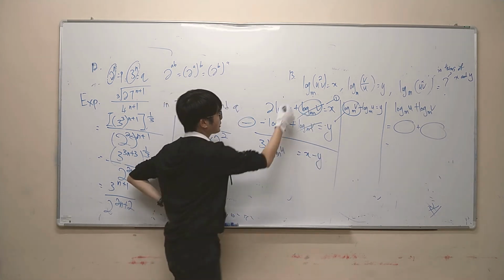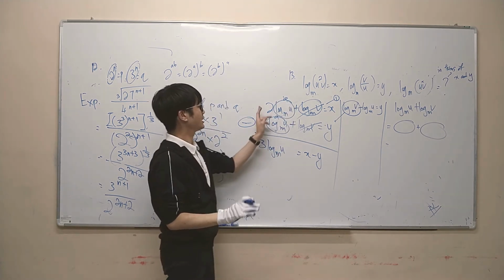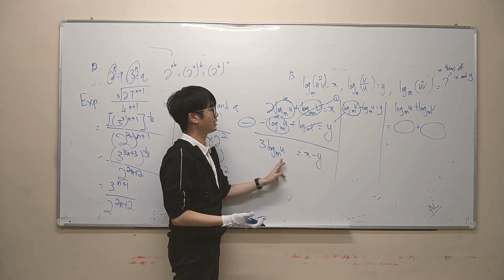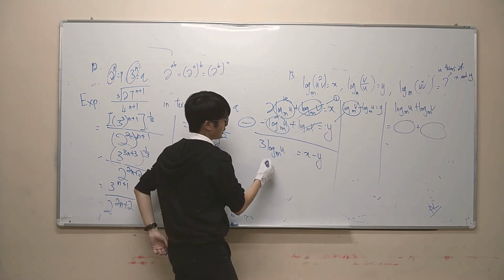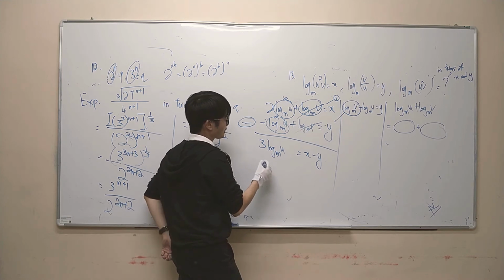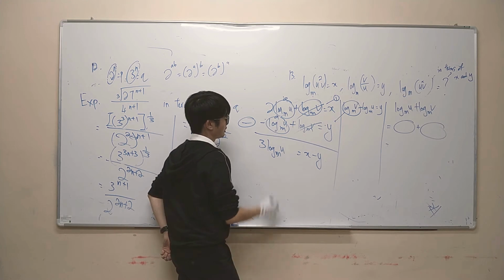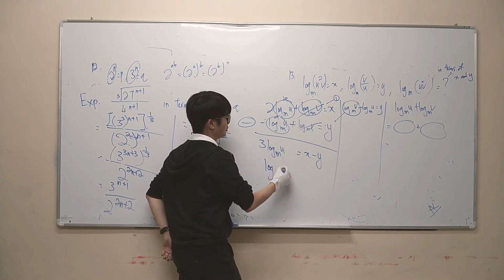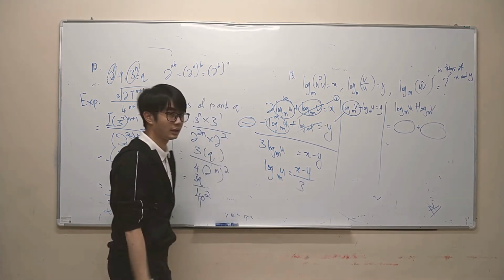Just treat this as an unknown: 2a plus a is 3a, and a minus a is zero. So log u base n equals x minus y over 3.